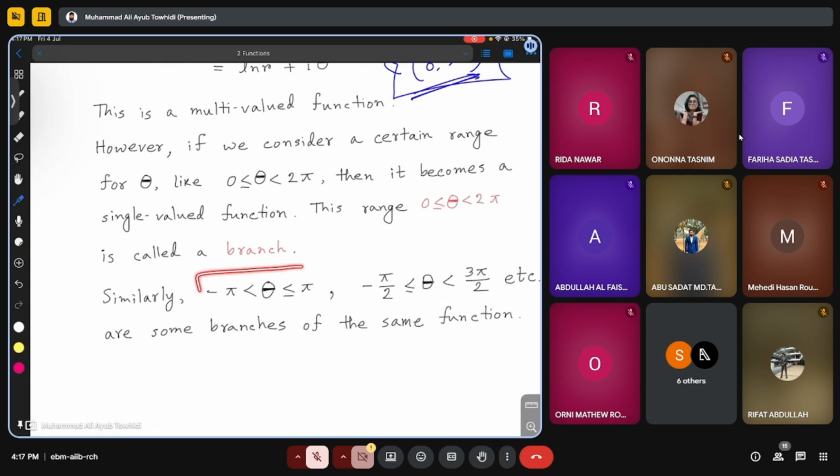We can take between -pi to pi, like principal argument, or we can take from -pi by 2 to 3 pi by 2. So it will depend on what is said in the question. If I say the value has to be within this range, then it has to be within this range. You cannot take any other value.